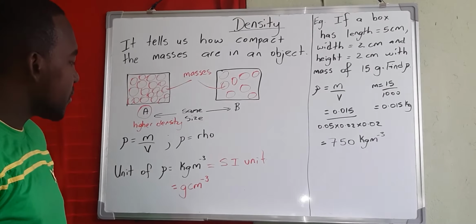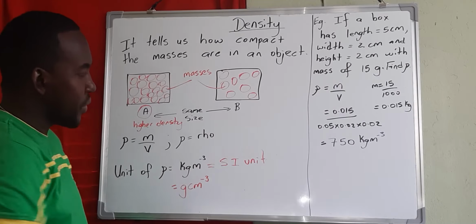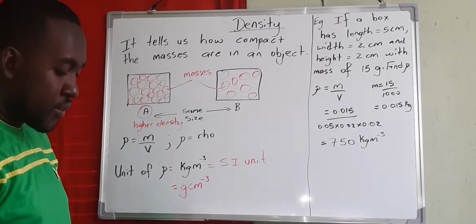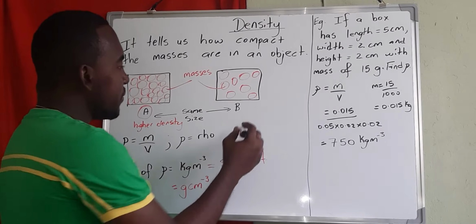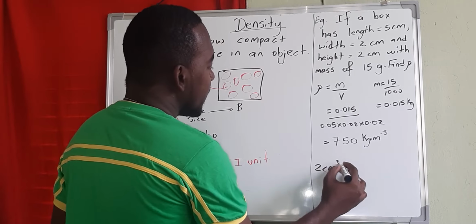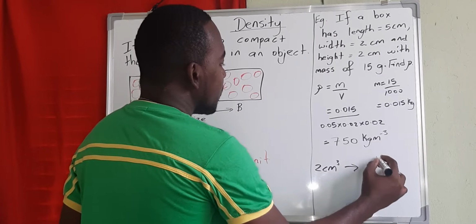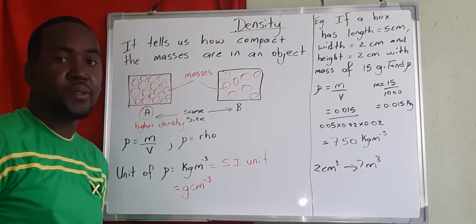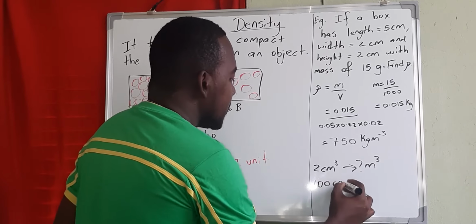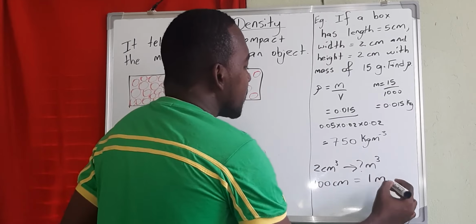And that leads us to how do we move from meter cubed to cm cubed. So let's say we're given 2 cm cubed and we need to change it to meter cubed. How do we do that? We know that 100 centimeters is equal to 1 meter.